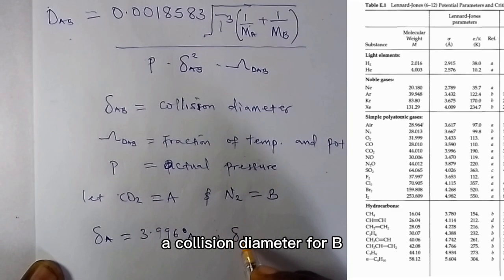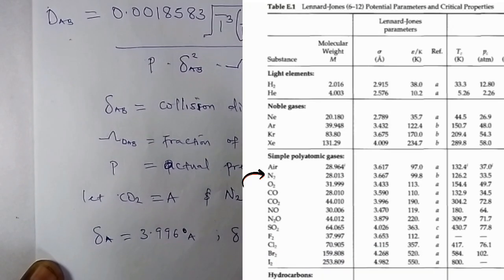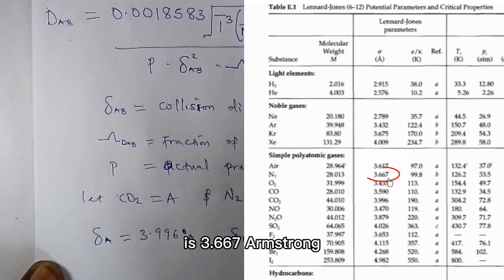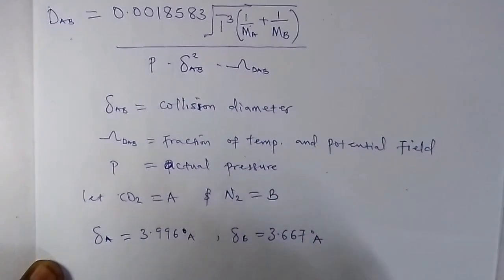And the collision diameter for B, corresponding to nitrogen, is 3.667 Angstrom.